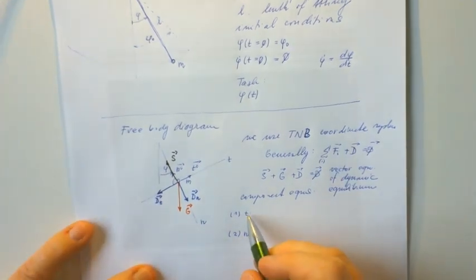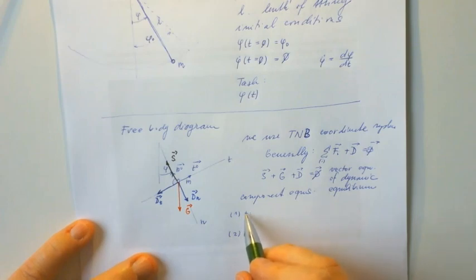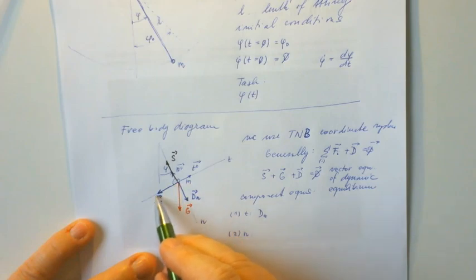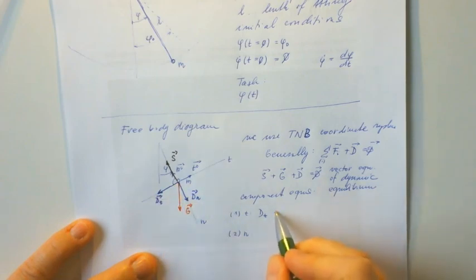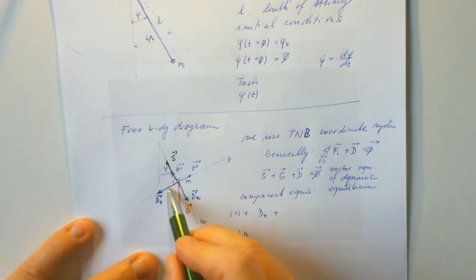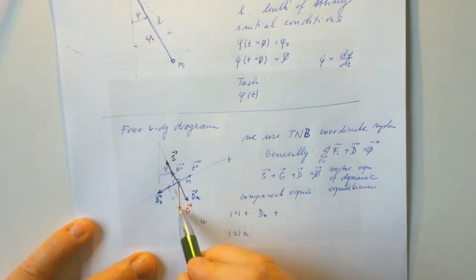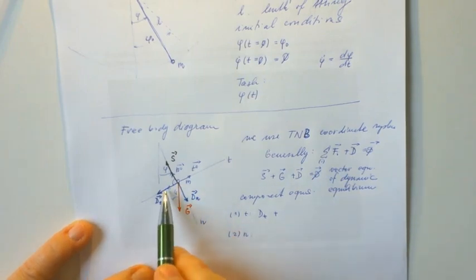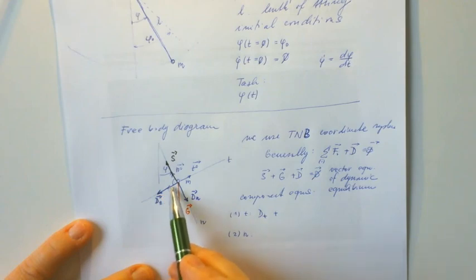First equation in direction of tangent is Dt plus, there is an angle phi of G force projected when we project G force to tangent.